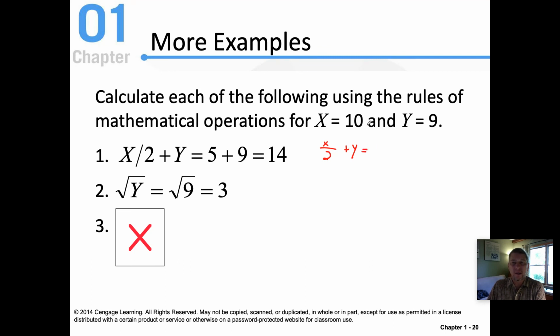Now, if x equals 10 and y equals 9, then this becomes 10 over 2 plus 9 equals, 10 over 2 is 5. 5 plus 9 equals, and of course, 5 plus 9 equals 14. All right, and so that's how we would get through this particular example.